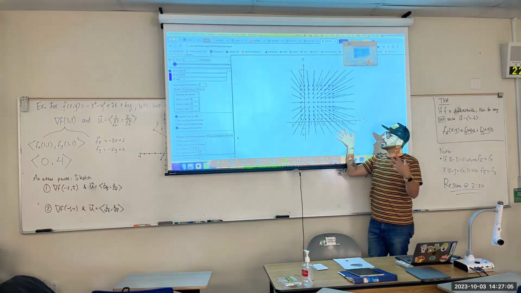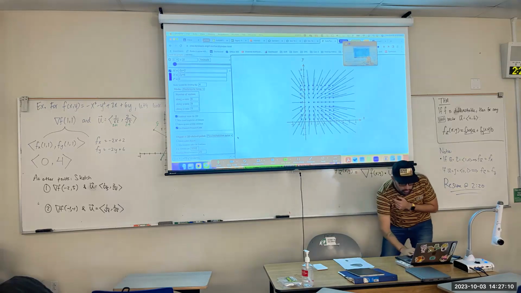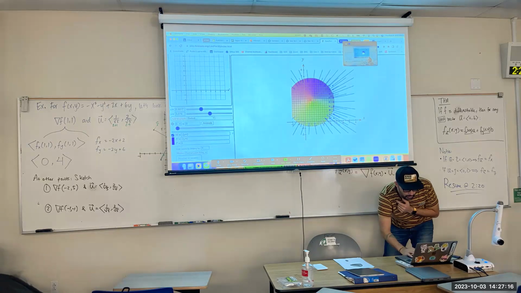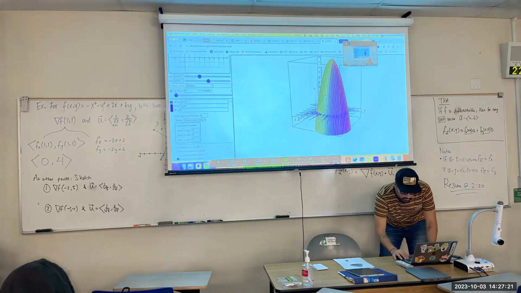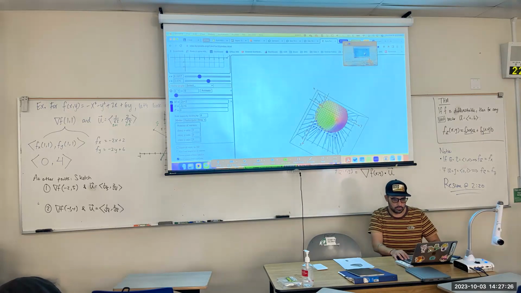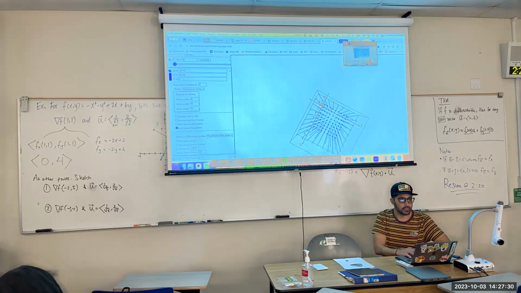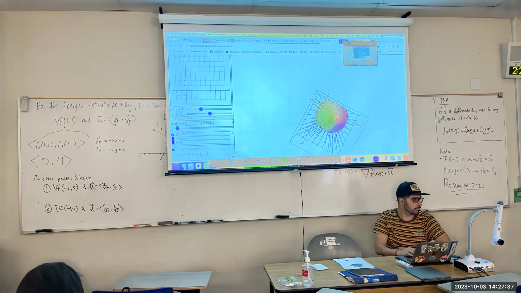They seem to gravitate towards that point 1, 3, where your surface has that peak. We can't see it from this angle, so let me rotate it. Notice that the gradient vectors seem to gravitate towards where the function has that maximal peak.